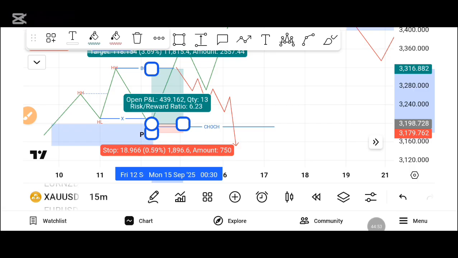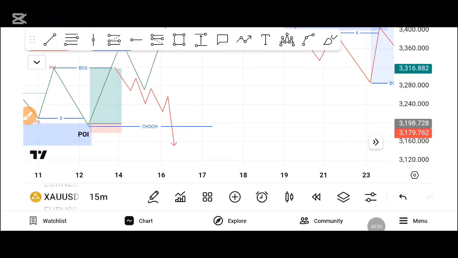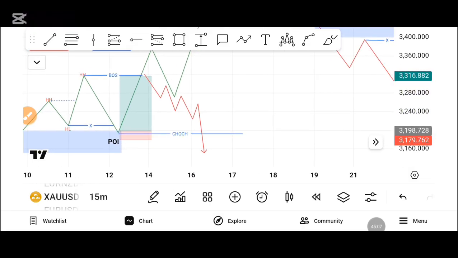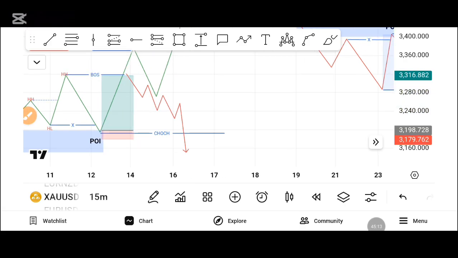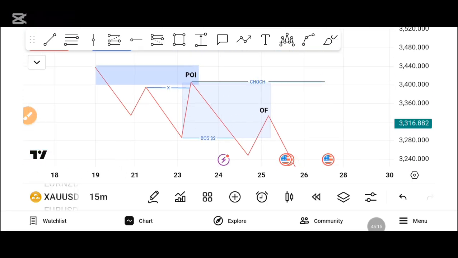You risk 10,000 to get 60,000. So this is how you can make 60k from risking 10,000 naira. This is how we treat this particular point here, giving us a 1:6 risk to reward ratio. This is also in this scenario.